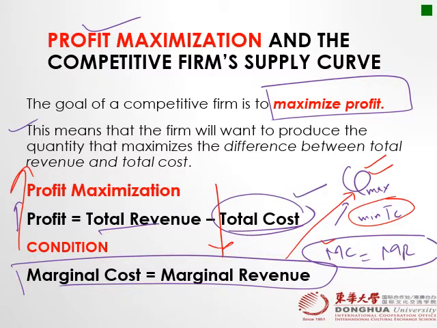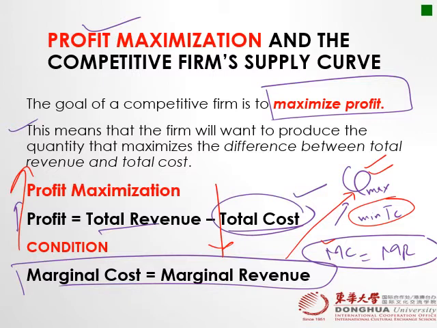Okay, so this means that the firm will want to produce the quantity that maximizes the difference between total revenue and total cost, right? Because our focus here is total cost, and among total cost we have to find out that quantity which minimizes total cost and maximizes our profit.